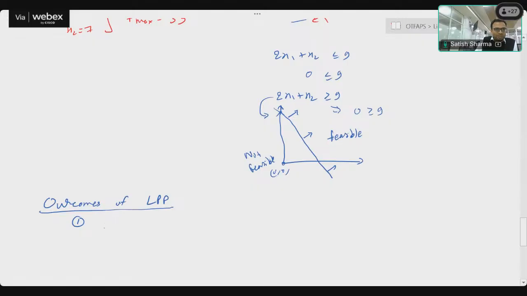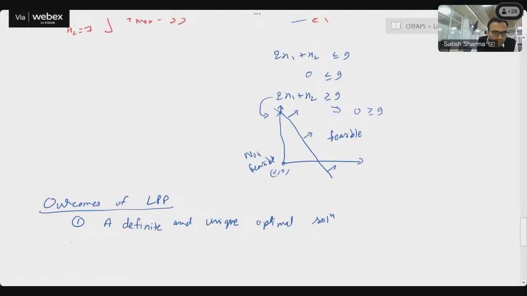So we can say that the outcomes are, first, a definite and unique optimal solution is possible.